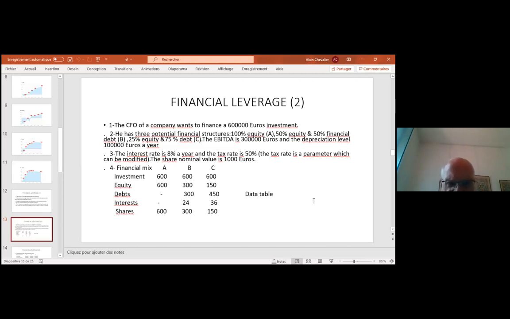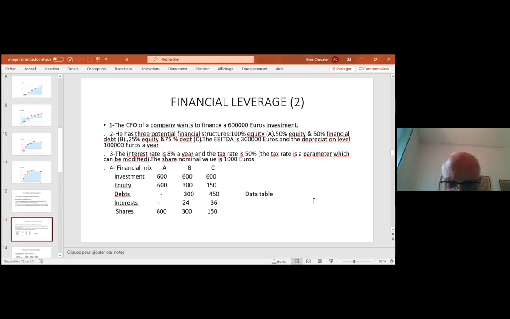So we are now at point 4, and at point 4, we try to have a short table with calculations for A, B, C, which are the three financial mixes. Remember that A is 100% equity, B is 50% equity, 50% debt at a fixed interest rate, and C is 25%, 75%.